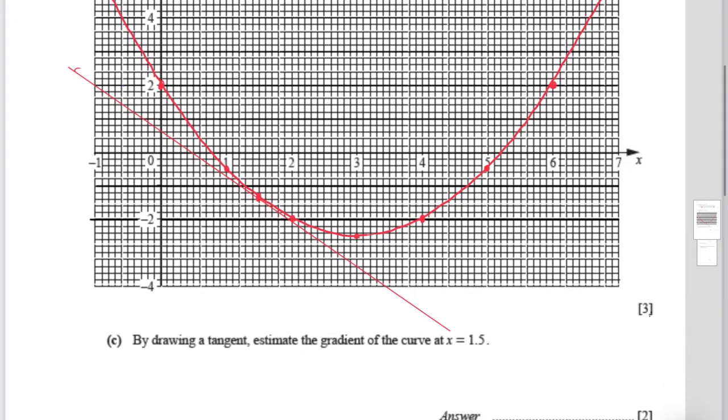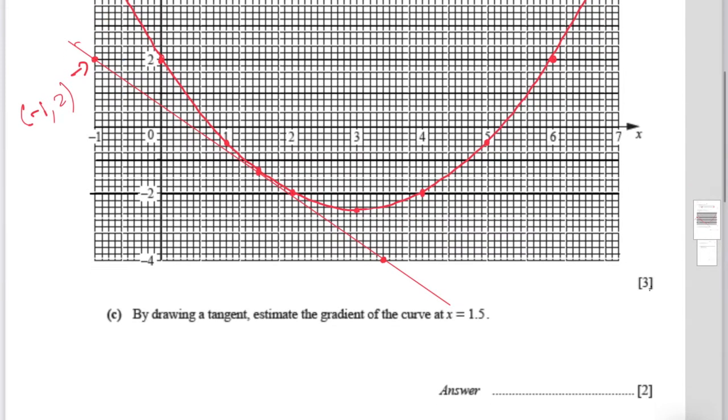Now it touches it. Next, we take out this value and this value of x and y. The coordinates at this point are negative 1 and 2. The coordinates at this point are 3.4 and negative 4.